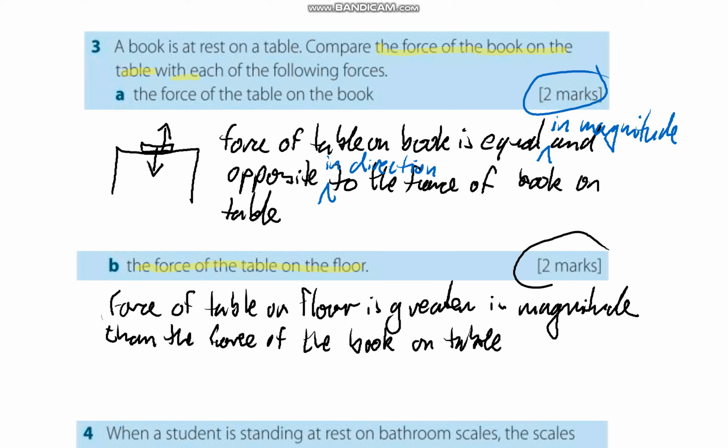Now remember, it's a 2-mark question, and so to pick up the 2 marks, really we need to be talking about the magnitude for one thing, and the other thing is the direction. Okay, and it's in the same direction, because the book is weighing down on the table and the table is weighing down on the floor. So we've compared both its size, its magnitude, and its direction.